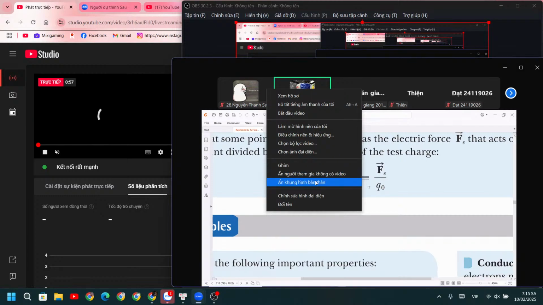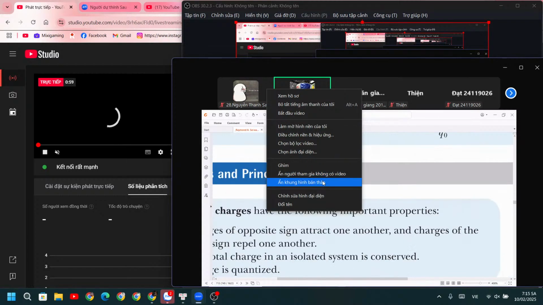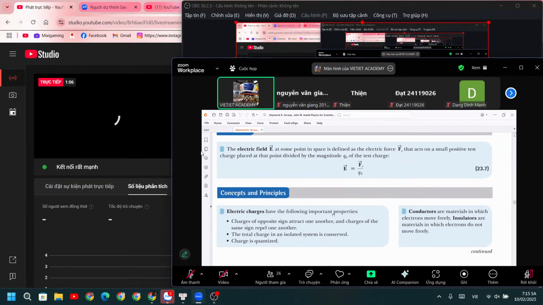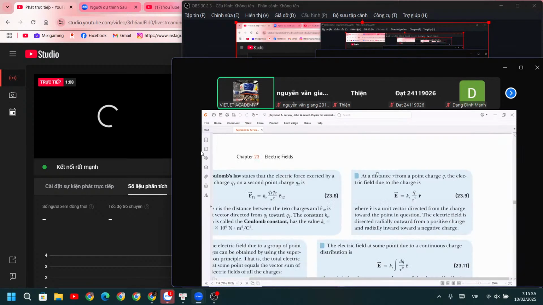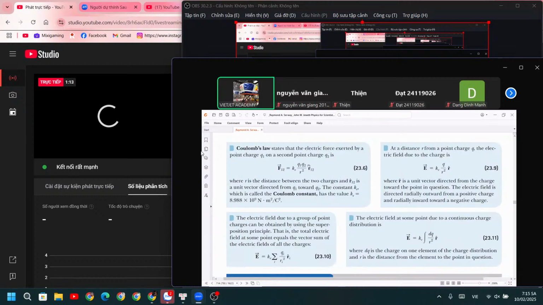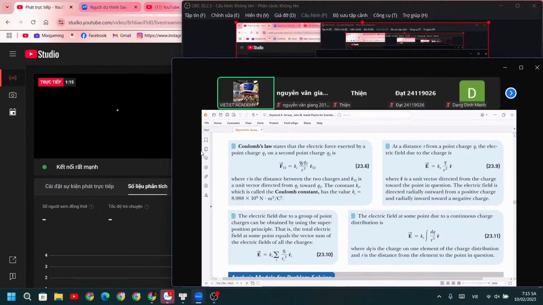Then you have Coulomb's law, in which we consider two charges Q1 and Q2, and we want to find the force that acts from Q1 to Q2 according to this equation.